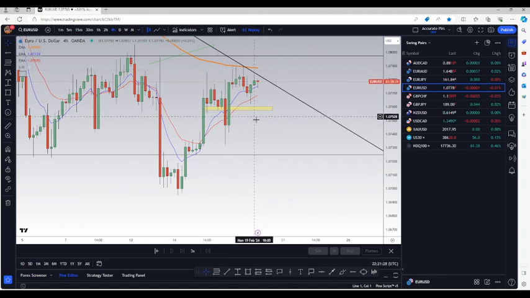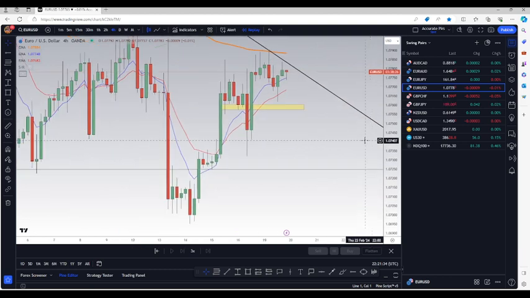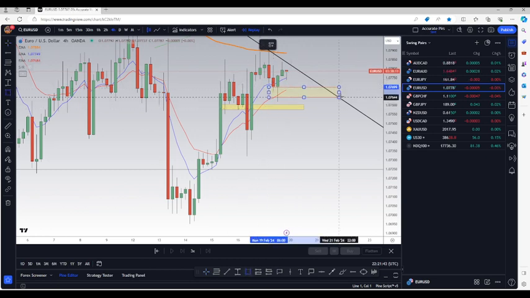Cool. Price would need to close. For me to even consider taking this for a sell, I would like to see price close below these wicks, these levels where the price has wicked.